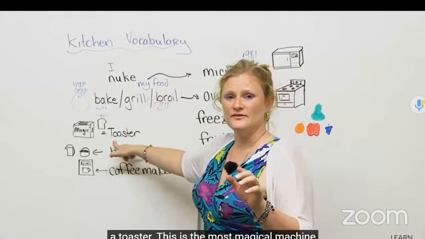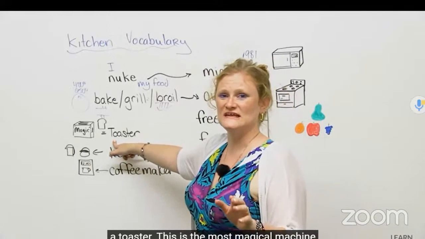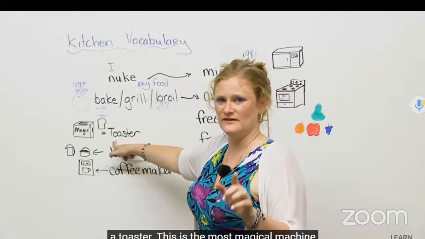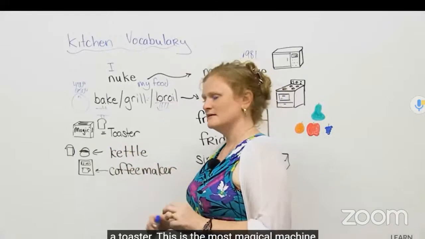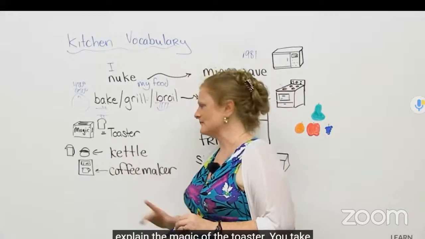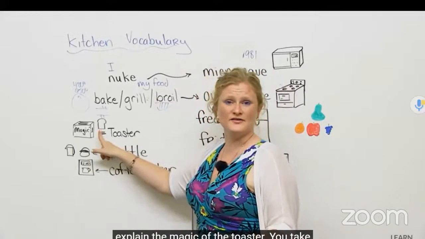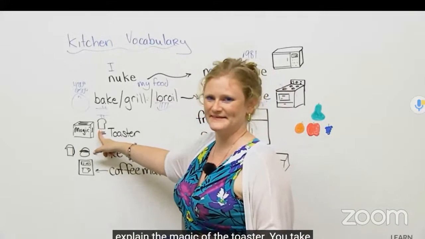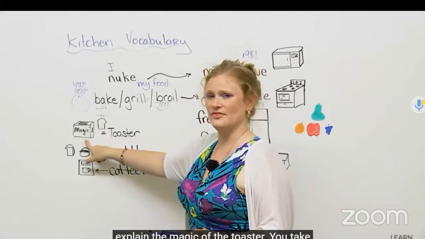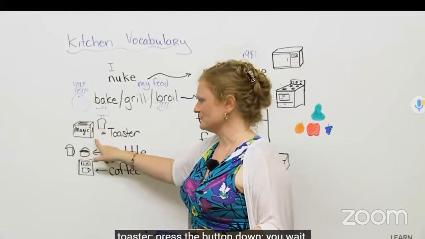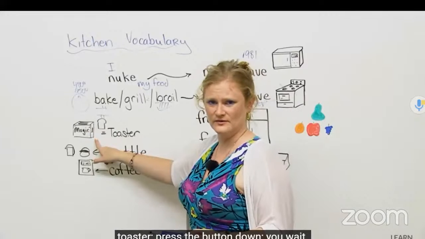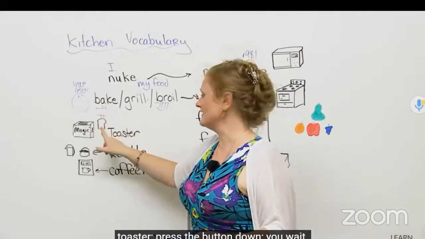The next thing, speaking about magic, is a toaster. This is the most magical machine ever to be invented in your kitchen. Let me explain the magic of the toaster. You take a simple piece of bread. You put it in the toaster. Press the button down, you wait. Bing!